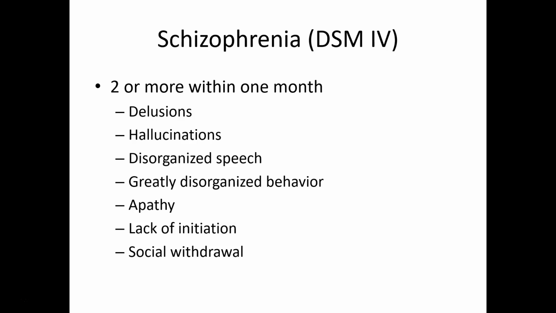Paranoid schizophrenics didn't really have the disorganized speech or the disorganized thoughts. They really only had the delusions or the hallucinations. Disorganized schizophrenics didn't really have delusions. The catatonic schizophrenics were more apathy, lack of initiation, and social withdrawal.